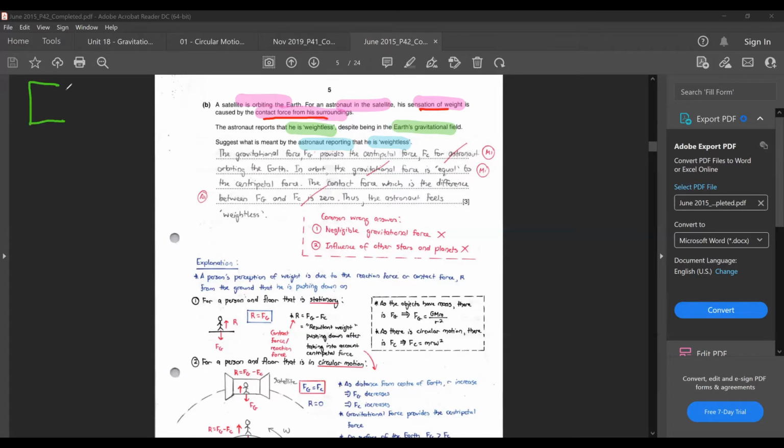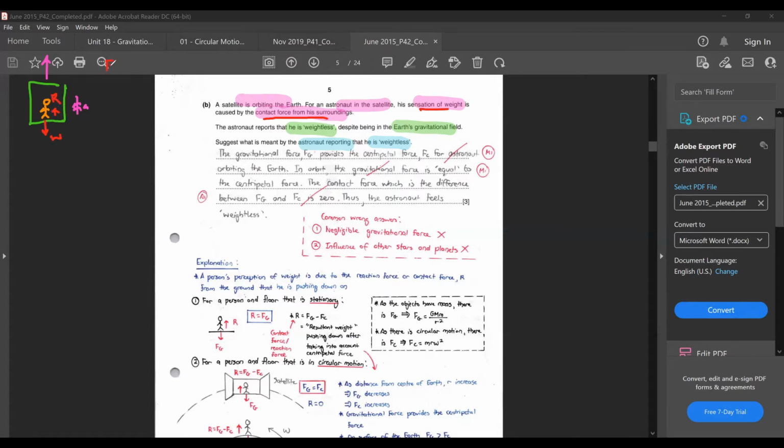That time it was mentioned that if you have a person here, and this elevator is moving up with an acceleration of A, the person inside the elevator will actually feel heavier, because you have weight and then you have the normal reaction force.